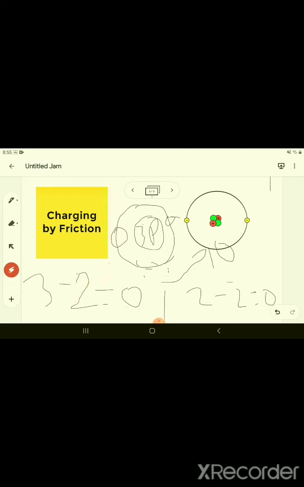Now 3 minus 2 is going to give us, yeah, you're correct, 1. So we have an overall charge of plus 1. How did we get this? Let me write it a bit neater, and I'm asking you to bear with me.